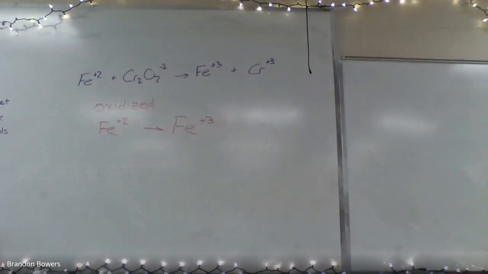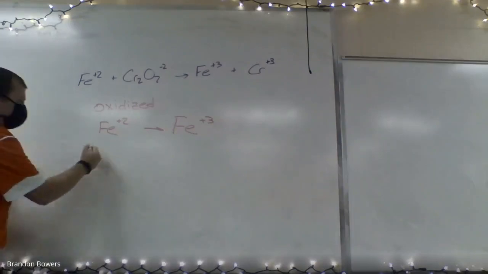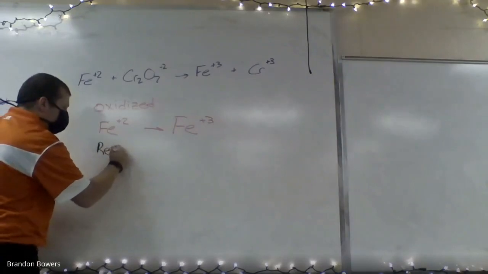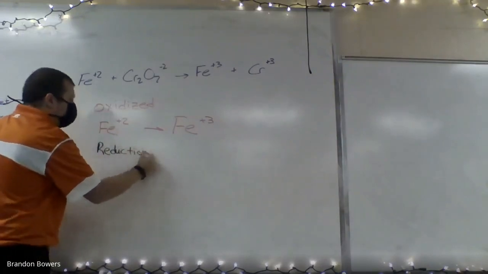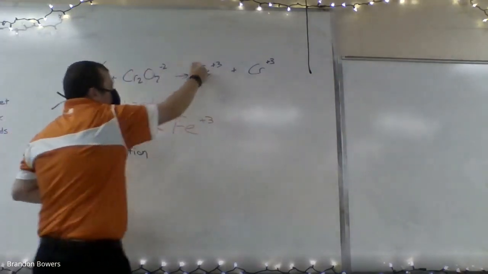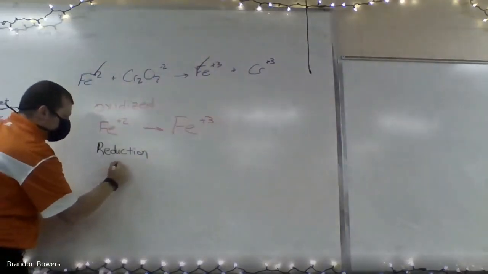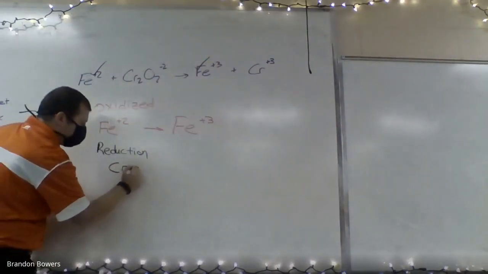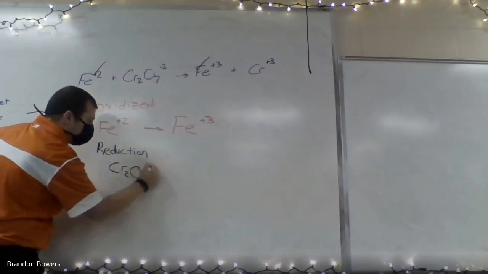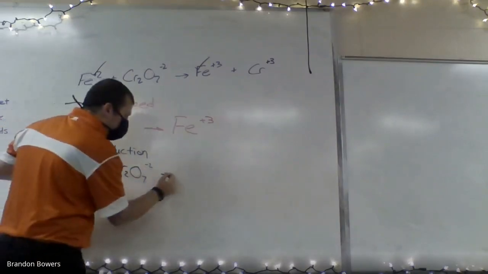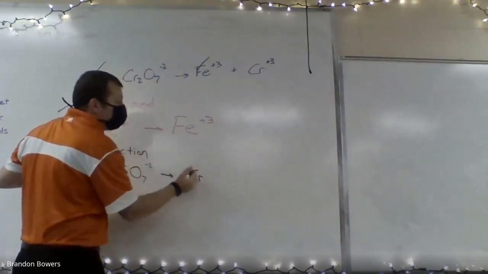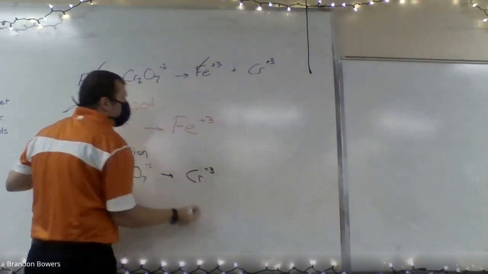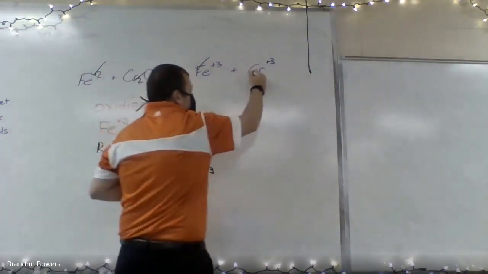That's one half reaction. So the other one has to be reduction, right? I'm going to write these in black. So what's left? We already got that. All that's left is Cr2O7 with the -2 charge creates Cr plus 3.